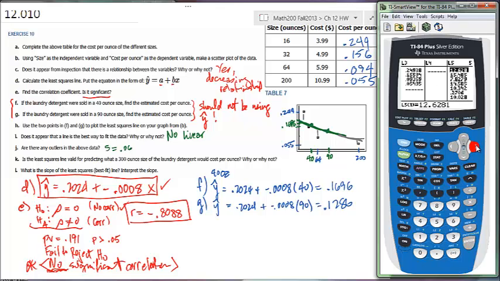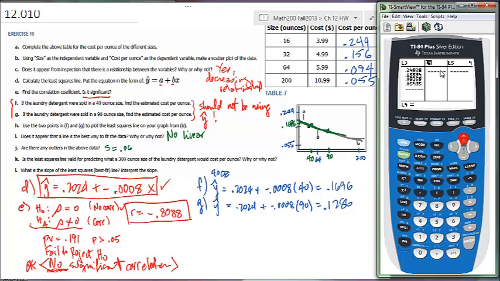I'm going to go to L4, and I want L3 and L4 in the same screen. Let me clear L5 out just to make it a little bit cleaner.